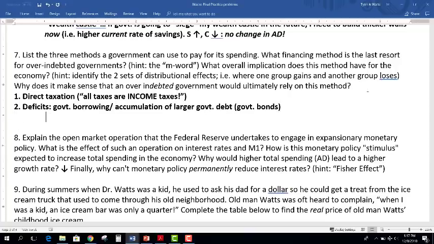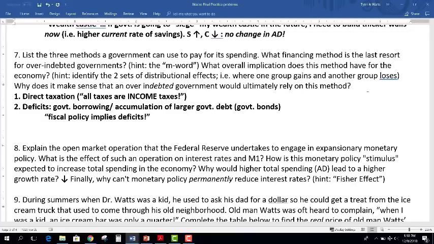And one of my mottos when I talk about fiscal policy, you'll recall, is deficits. Fiscal policy implies deficits. Expansionary fiscal policy is supposed to increase the deficit. But if you get in permanent deficit mode, which the U.S. is kind of in, I would argue, you're going to build up a lot of government debt.